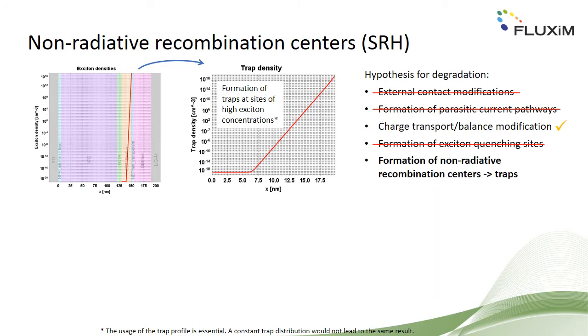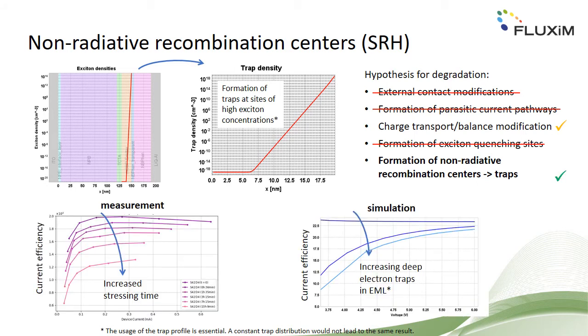Similarly, we can investigate several hypotheses for degradation, but I don't have time to go into much detail here. I just would like to stress that the measured current efficiency versus stressing time is actually dropping with increasing stressing time. And one possible explanation for this could be the formation of non-radiative recombination centers inside the EML.